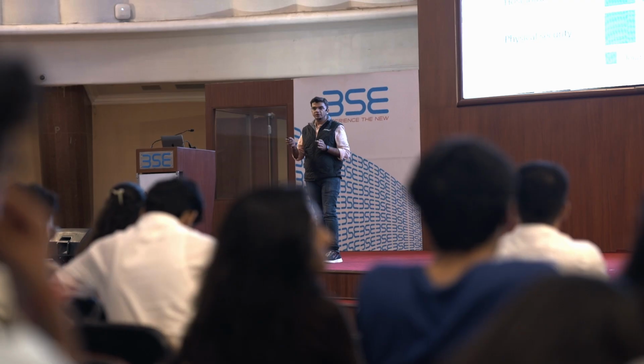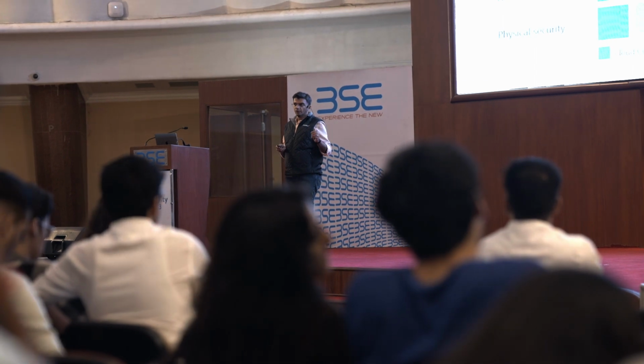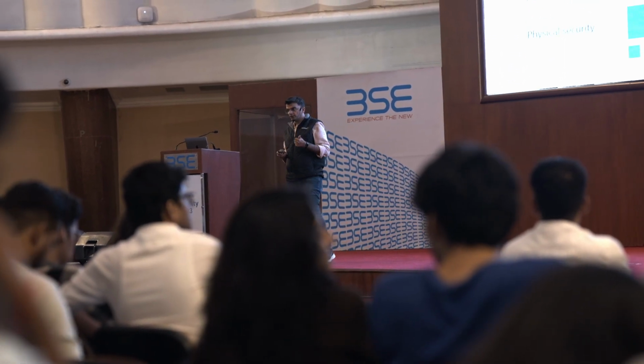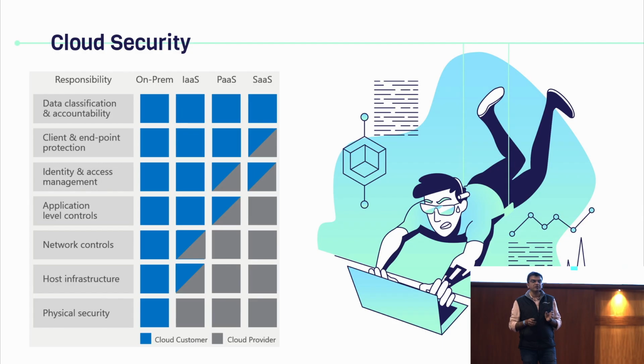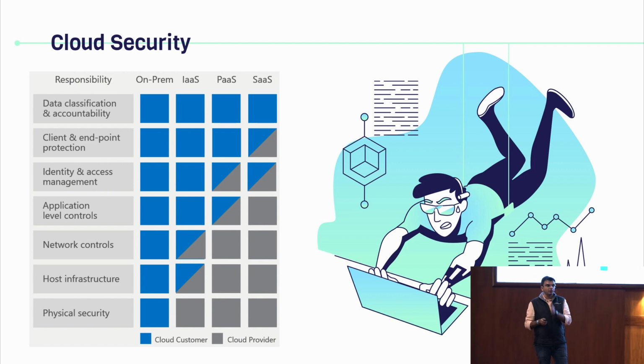The blue ones that you're seeing are the cloud customer, and the gray ones are the cloud provider. When I say cloud provider, it will be a CSP like GCP, AWS, and so on. That's where the cloud security ambit lies in terms of the line of responsibility or line of separation. However, there are overlaps, and that overlap is generally based on how you are designing your architecture, how you are designing your environments. All right.